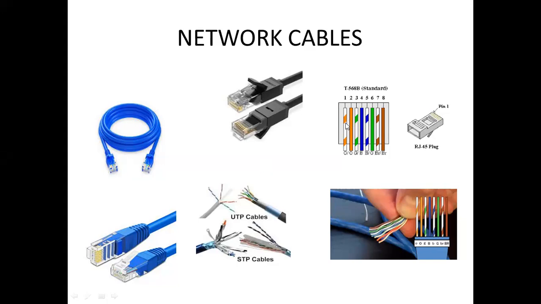So you can see orange-white, orange, green-white, blue, blue-white, green, brown-white, brown. So that is how the colors look like. And this is what we call the RJ45 plug. So when you are connecting, you have to do something like this, and then you insert the pins into the RJ45.